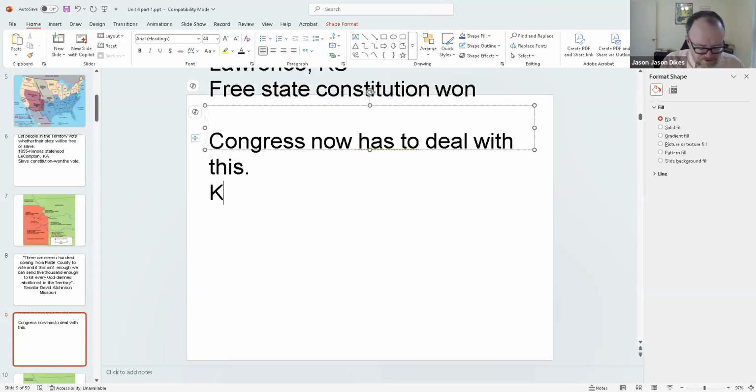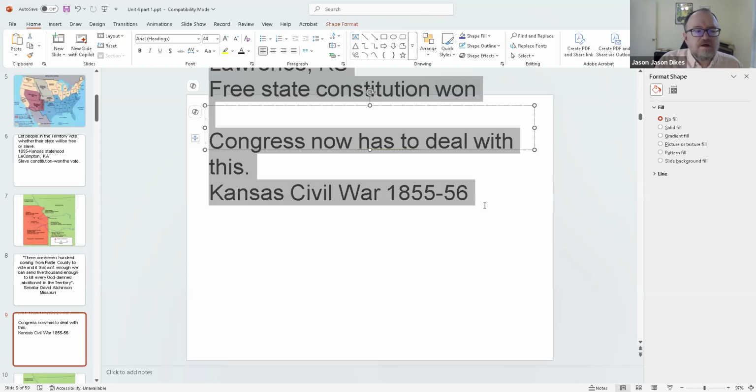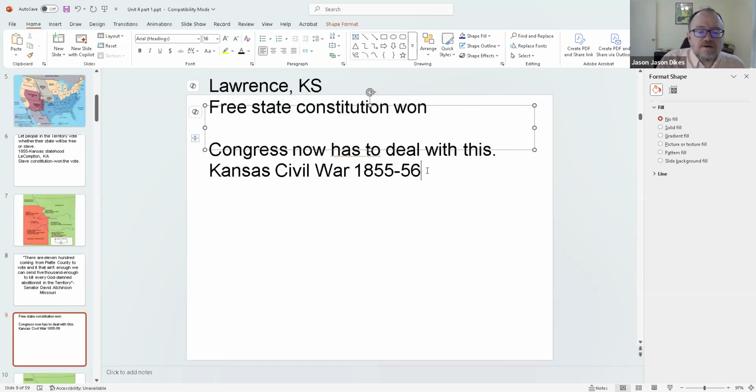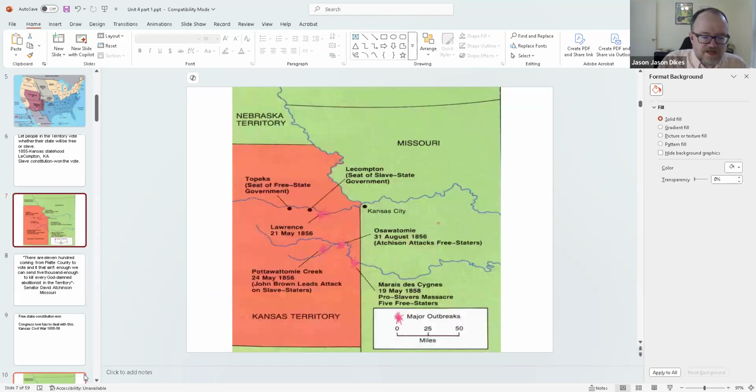Meanwhile, the people in Kansas start shooting at each other. In 1855-56, a war breaks out in Kansas between the free staters and the slave staters. You can see some of the attacks.